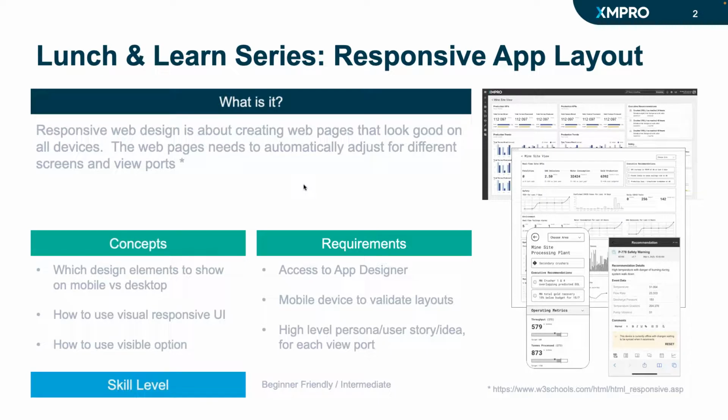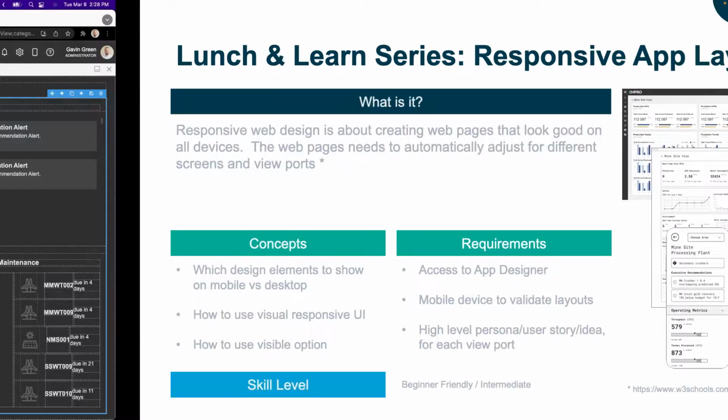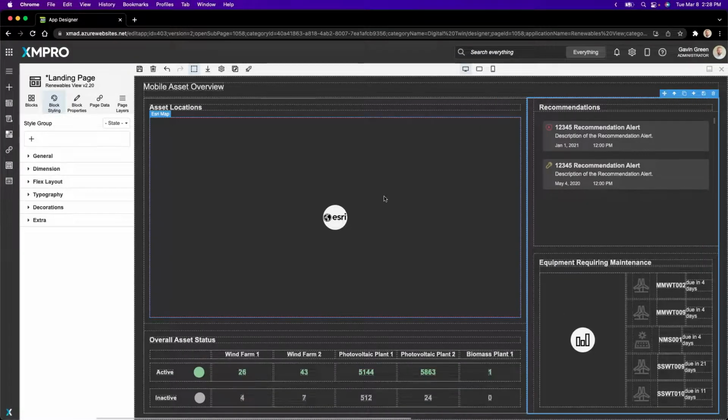Or having a full 3D Unity rendering on a tablet that takes up 2/3 of the space, and you have to scroll all the way down to find what's important and relevant to view. So some of the key items to consider is really around, what information do we need to display on the different modes? And then using the visual responsive UI side, how can you configure those without having to configure different apps?